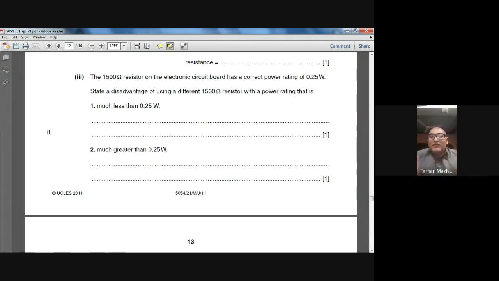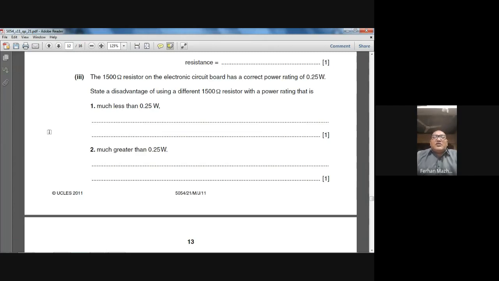The meaning of the question is that if I use a resistor whose resistance is 1500 ohm but whose power rating is less than 0.25 watt. When you put this in the circuit, the voltage and current are according to 0.25 watt, but the resistor there has a power rating less than 0.25 watt.